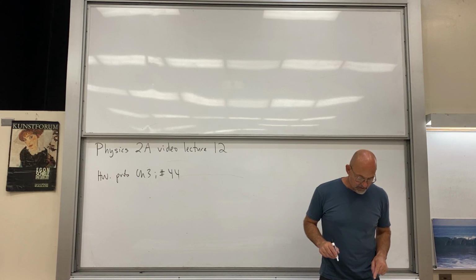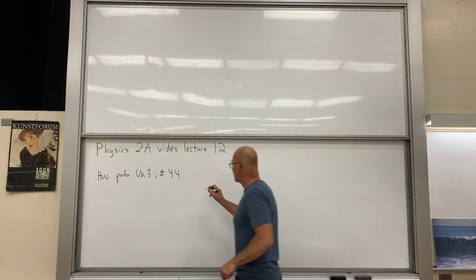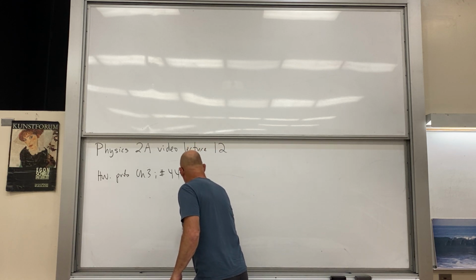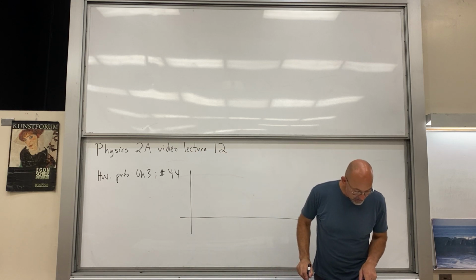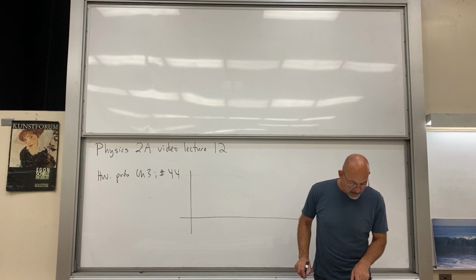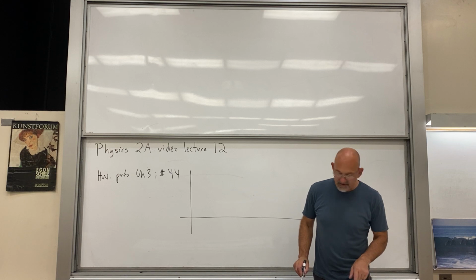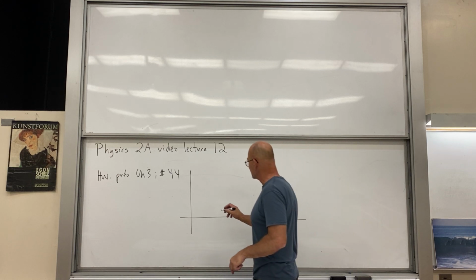Now, I'll simplify right away. The basketball player is 2 meters tall and the hoop is 3.05 meters, so that's a 1.05 meter difference.